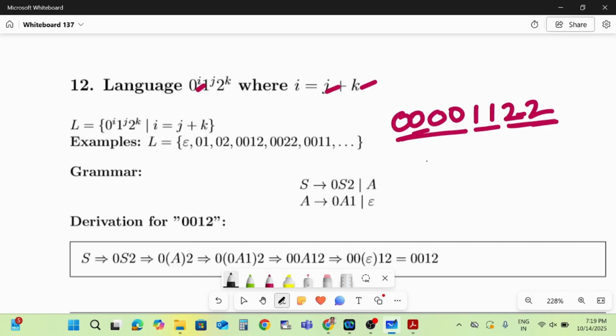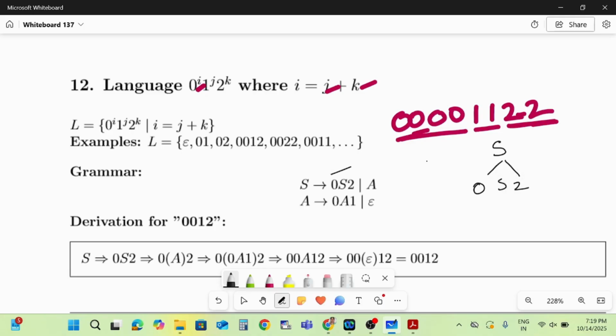First, if we want to generate 4 zeros followed by 2 ones and 2 twos, it is S tends to 0S2.